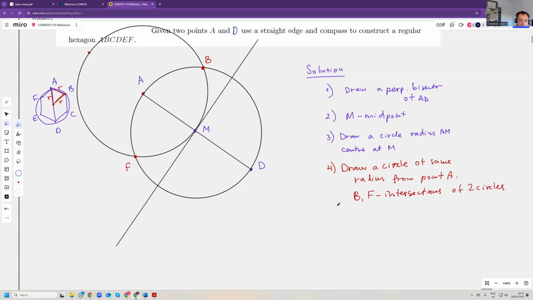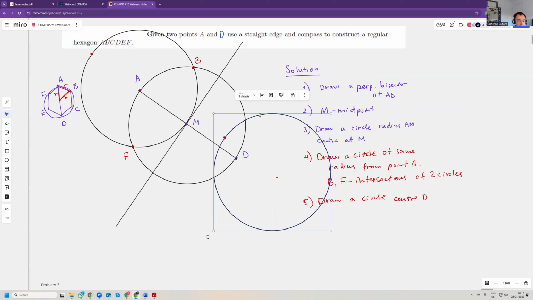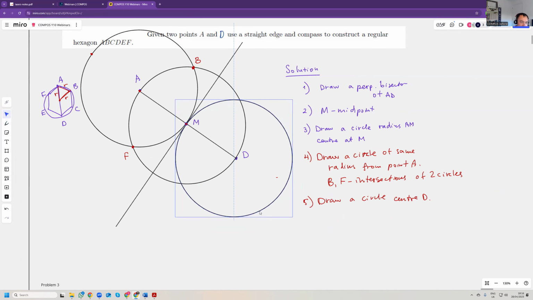And now we do the same. Draw a circle, center D. So we draw a circle from center D, and we get this point.